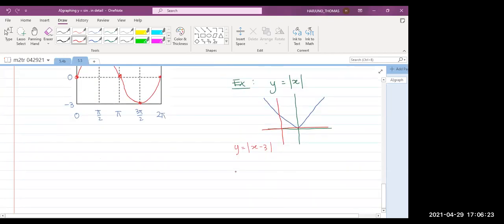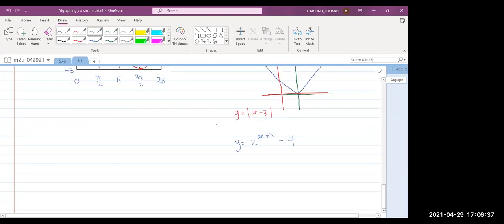For example, remember the graph y equals 2 to the x plus 3, minus, let's say, minus 4. Let's say this is the coordinate system.